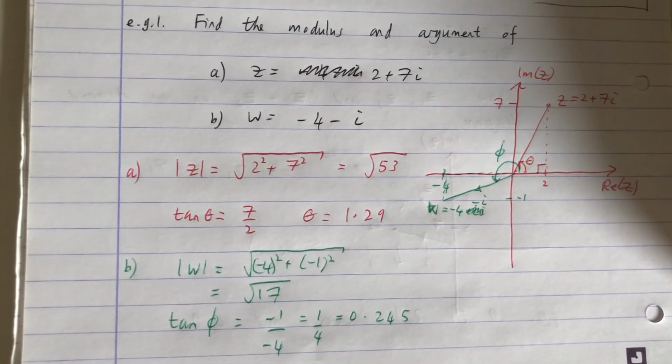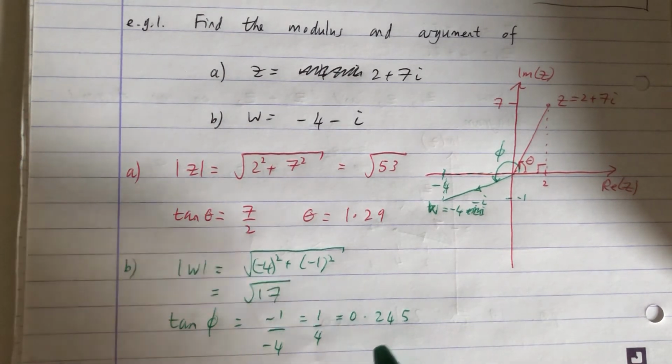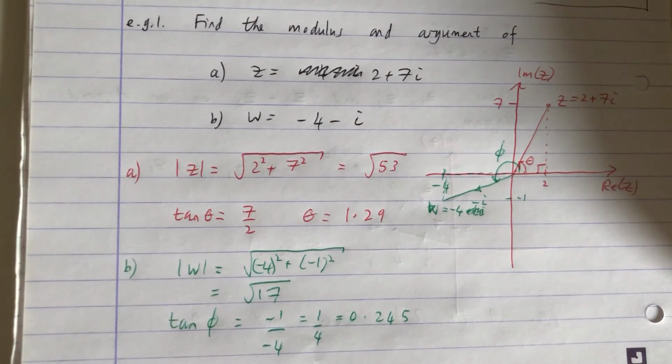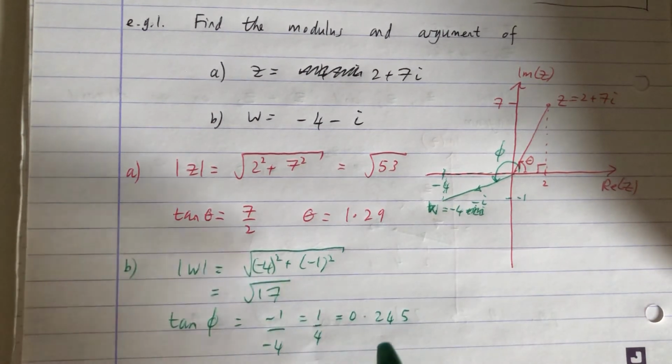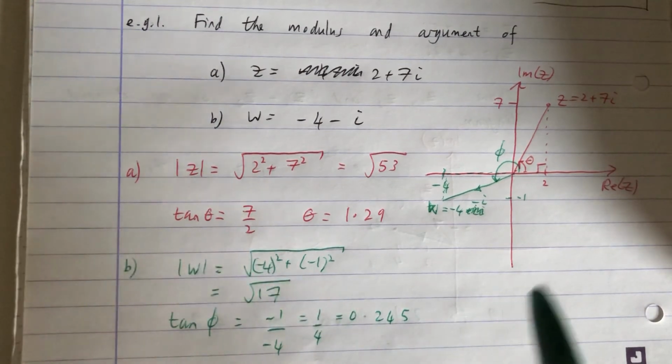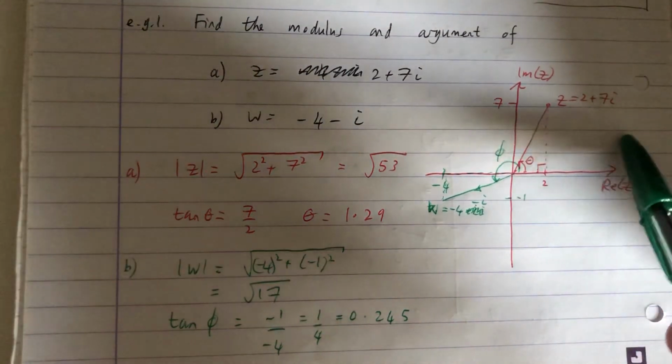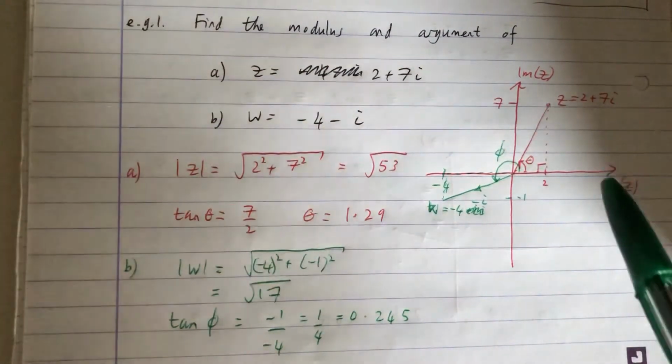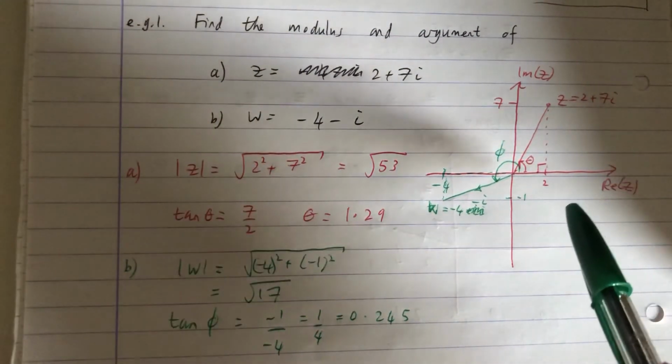And this is where people get this wrong, because remember, tan, or every single trig ratio, has an infinite amount of answers. This answer is in the wrong quadrant. This answer is actually predicting the complex number being in this first quadrant, which it clearly is not.